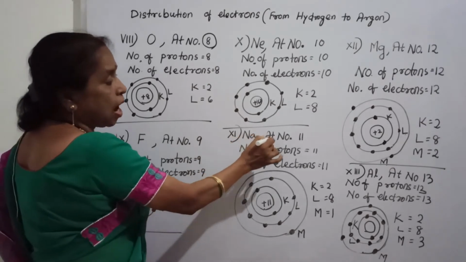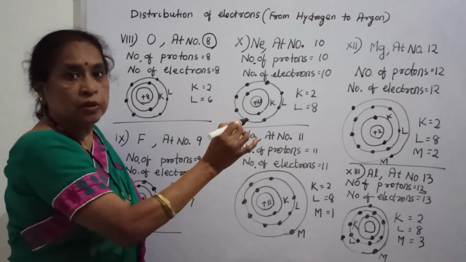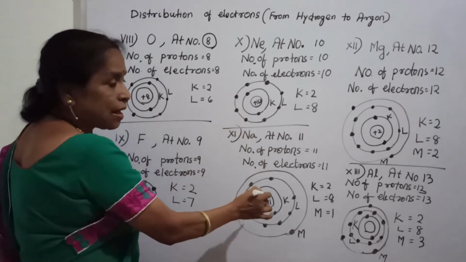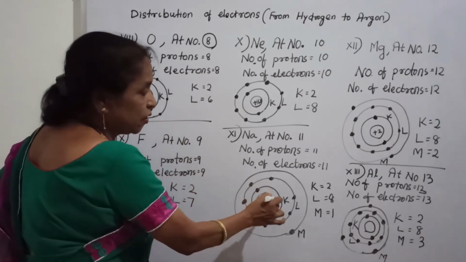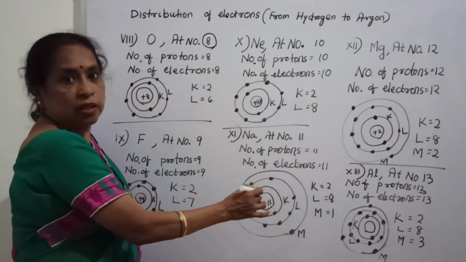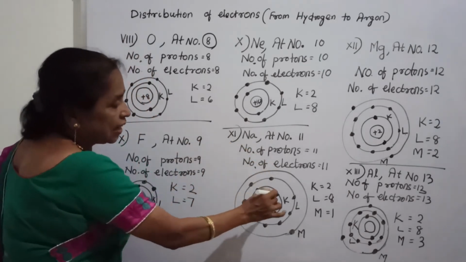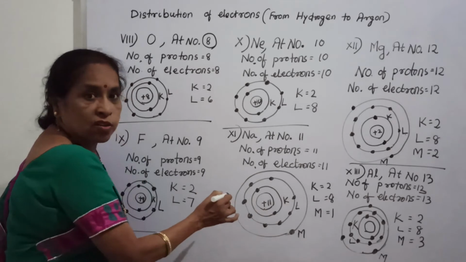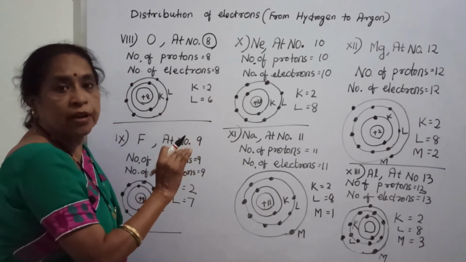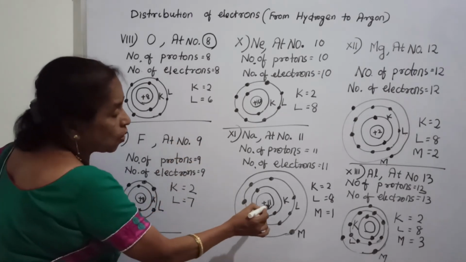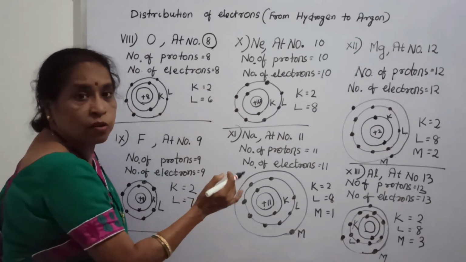Now sodium, atomic number 11. 11 atomic number means number of protons 11. That means plus 11 inside the nucleus, 11 protons inside the nucleus. K shell has 2 electrons according to the maximum formula 2n square. Then L shell has 8 electrons because 8 is the maximum number of electrons in that shell. So what happens? 2, 8, 10. Then what is the remaining electron? 1.